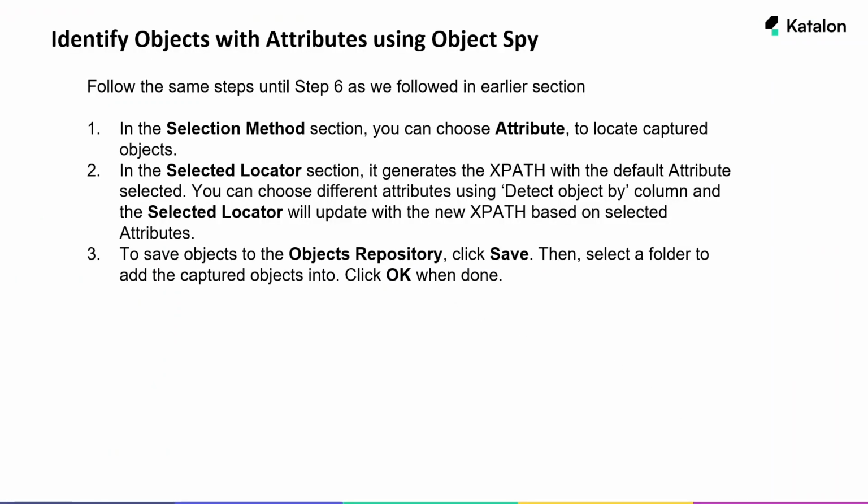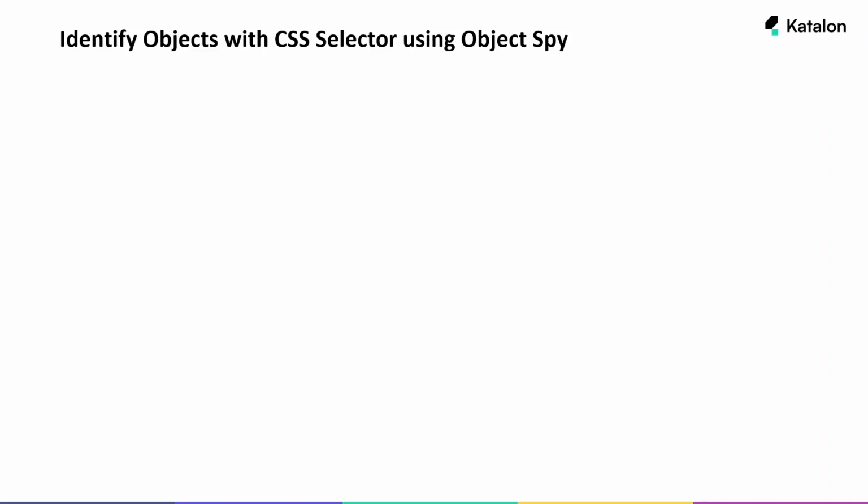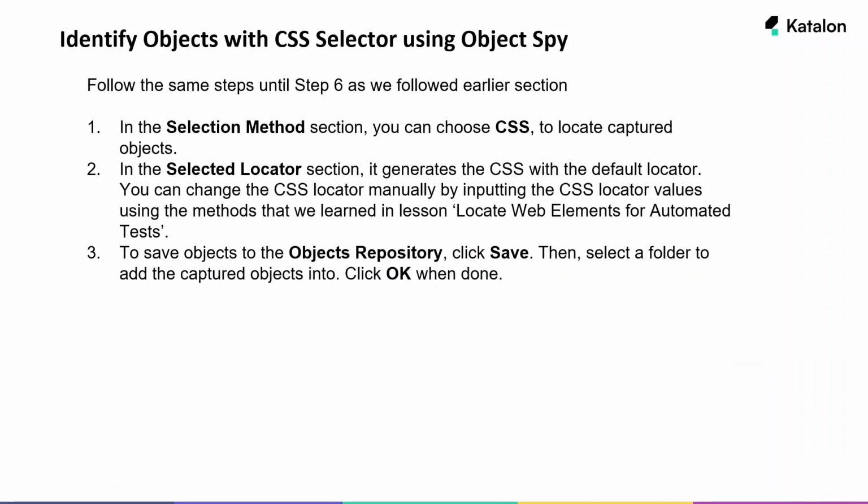So now let us understand how can we identify objects with CSS selector using ObjectSpy. Same way we need to follow the same steps until step 6 as we followed in earlier section. And then in the selection method section, you need to choose CSS as your selection method. And in selector locator section, Katalon generates the CSS with the default CSS locator.